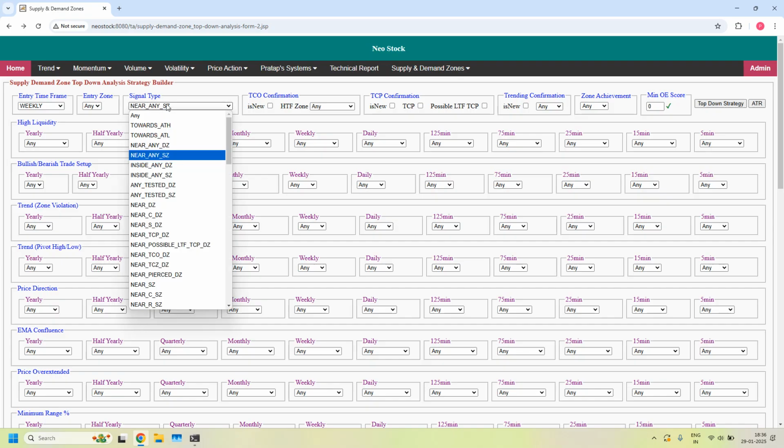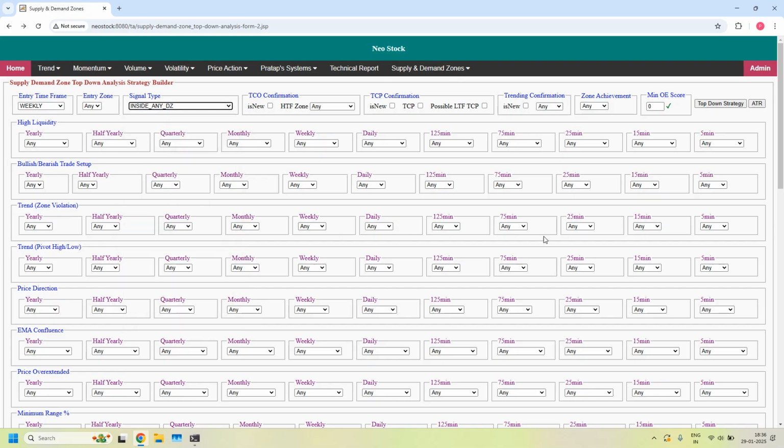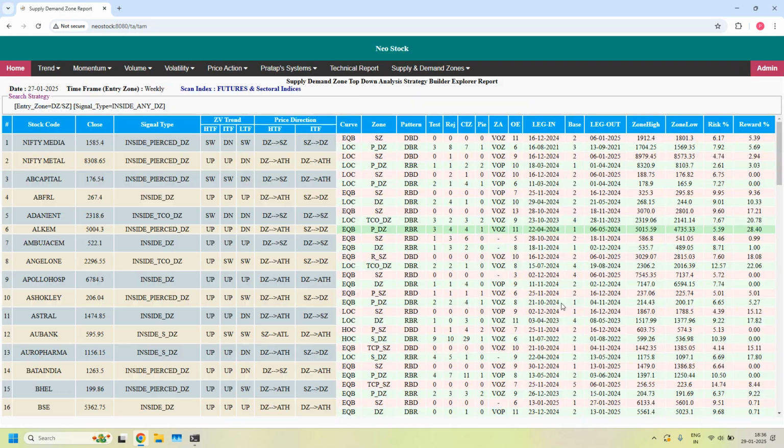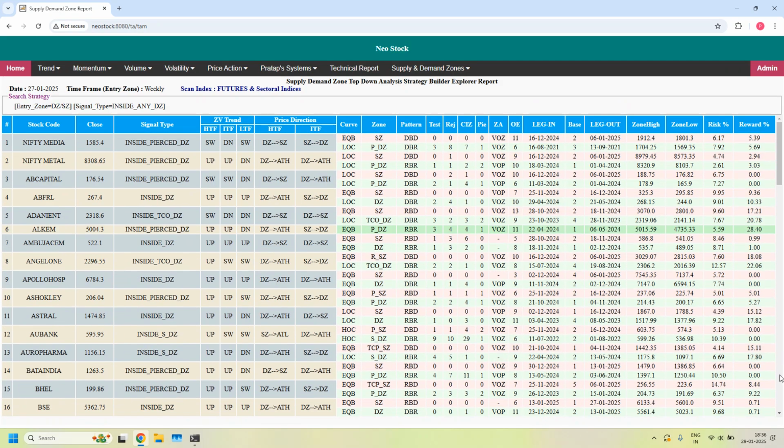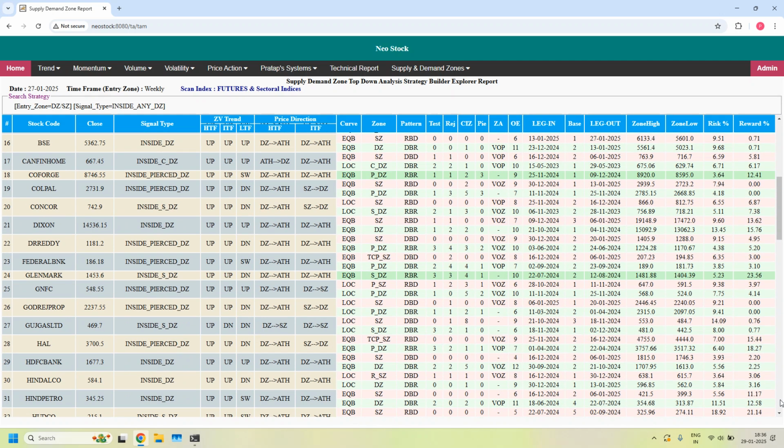Next, weekly time frame. Price closed inside the weekly demand zone. We got 78 stocks. First 16 stocks in the list. I am scrolling the list for reference purposes. Later on I will filter the list with EMA confluence.